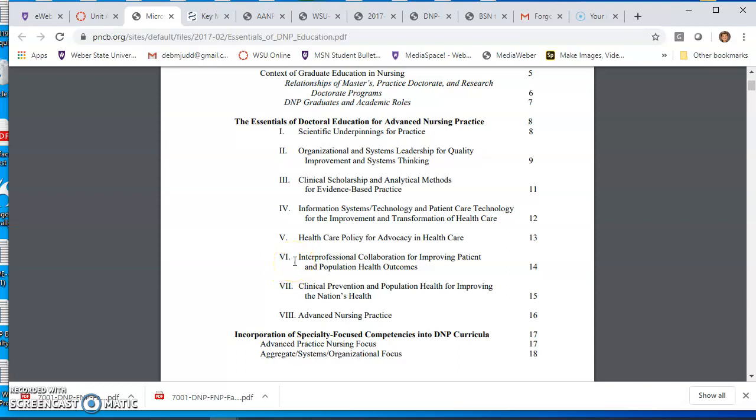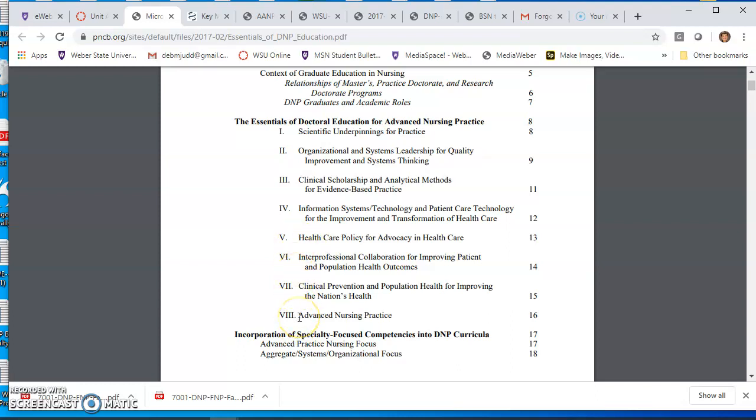Essential number 6 relates to interprofessional collaboration related specifically to patient or population health outcomes. And number 7 is sort of interrelated in that it looks at population health, but this is more at a national global level versus a specific community level. And so we'll have some classes that will help you understand that as well.